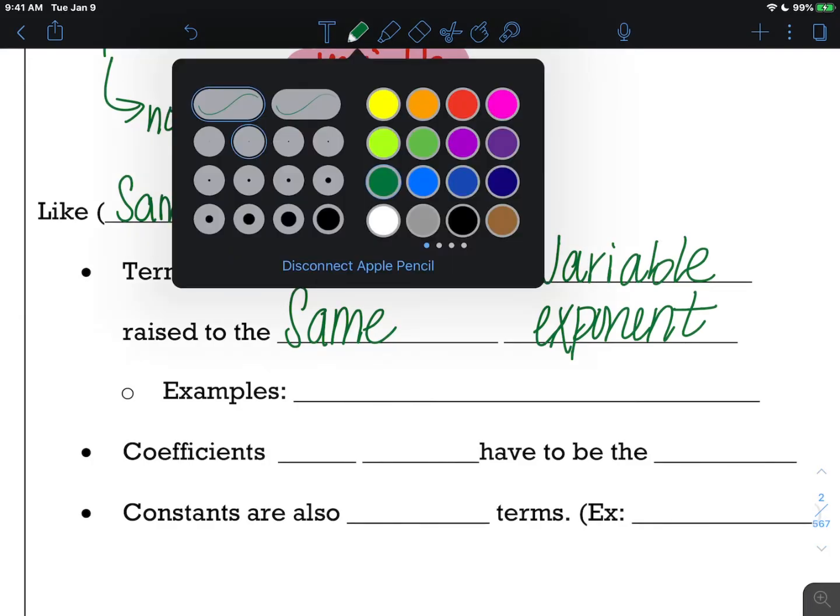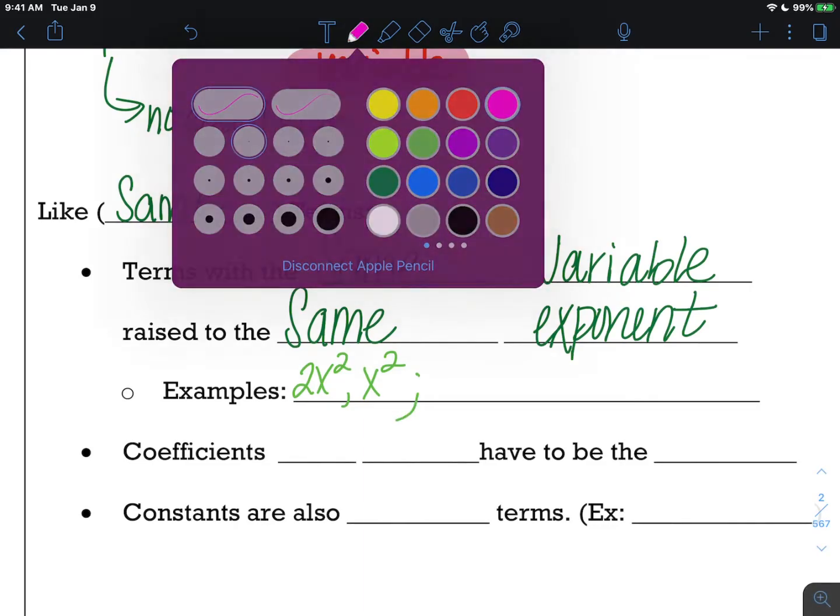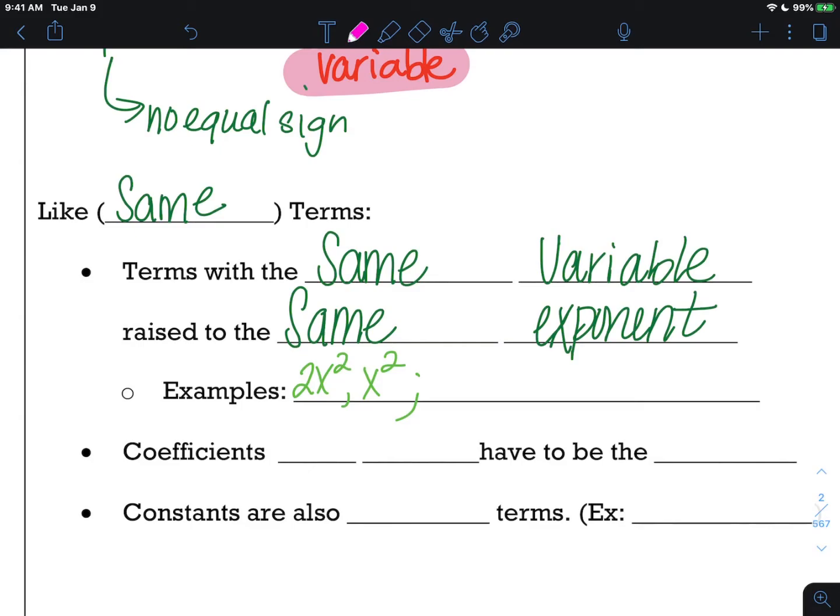Things that would be considered like terms would be something like the pair 2x squared and x squared, y to the power of 4 and 3y to the power of 4, and even stuff like 10a to the power of 10 and 2a to the power of 10.